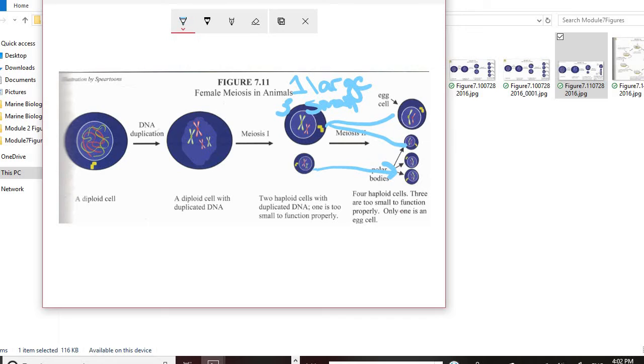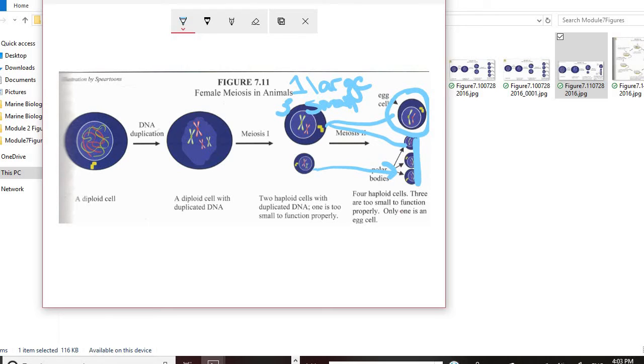And this is the only egg that is functional. These three are referred to as polar bodies, and even if they get fertilized, they'll still just disintegrate, and they'll die and disintegrate.